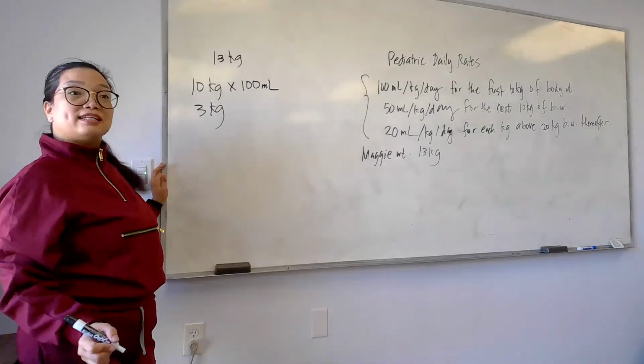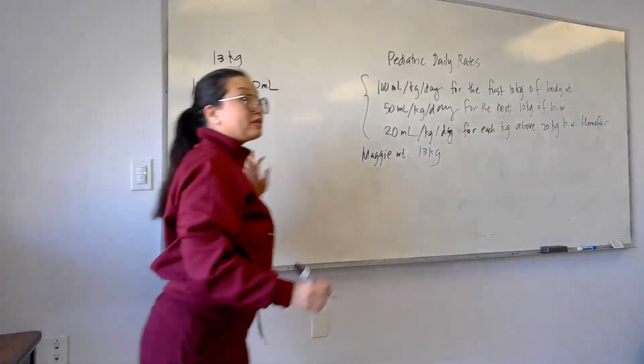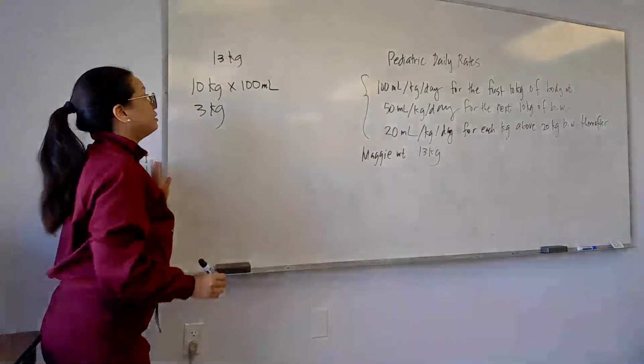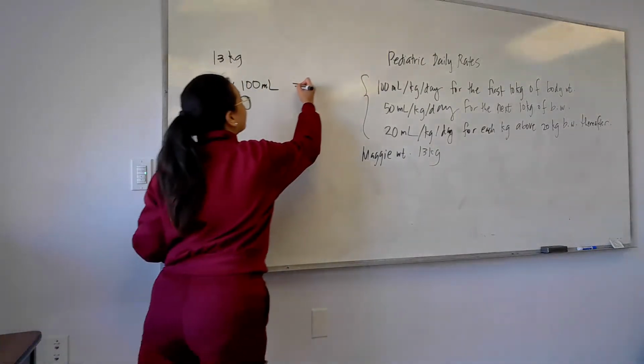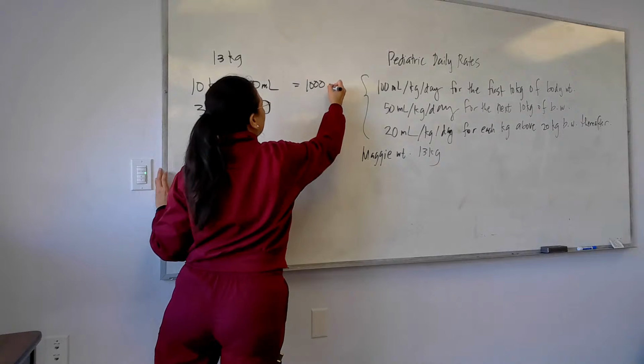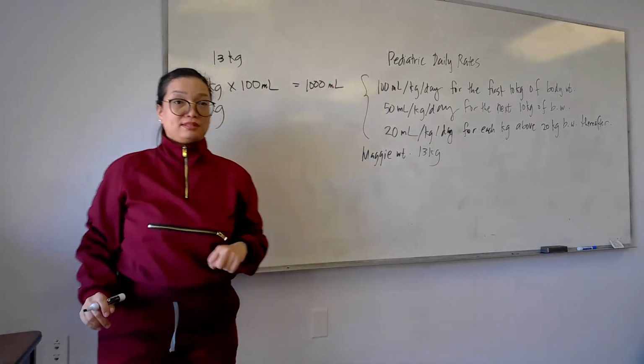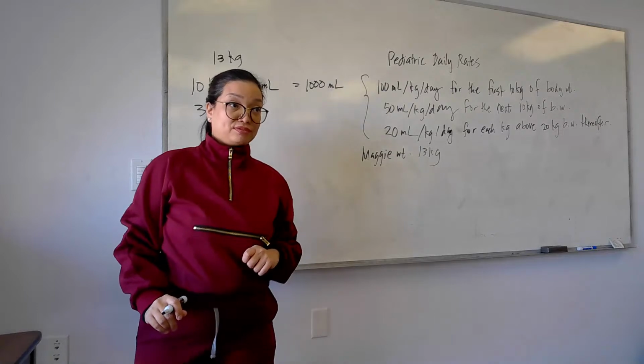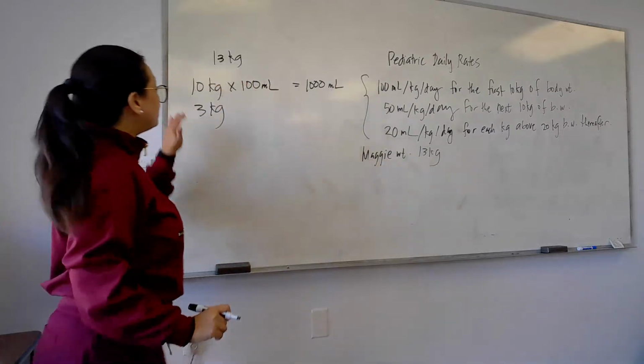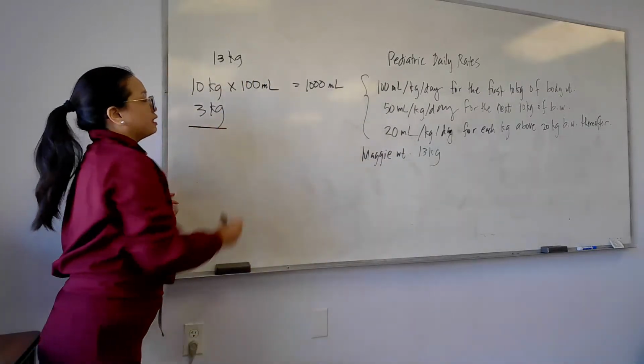100 ml, correct? Okay. This can also be ratio proportion. I'll do it later. Okay? So this is, Kathy said, 1,000 ml. That is correct. But Maggie's not only 10 kilograms. Maggie is what? 13 kilograms. So what do we do with the remainder 3 kilograms?